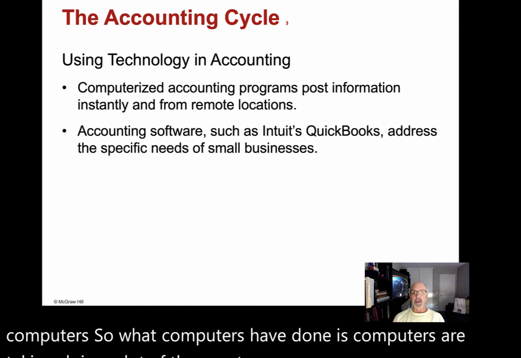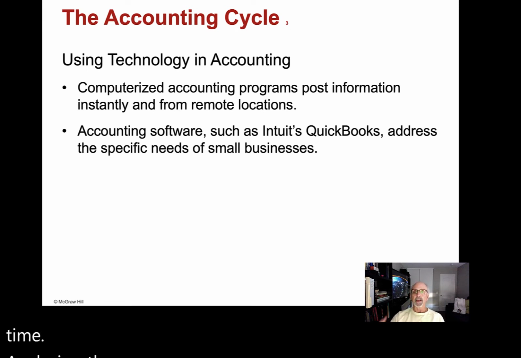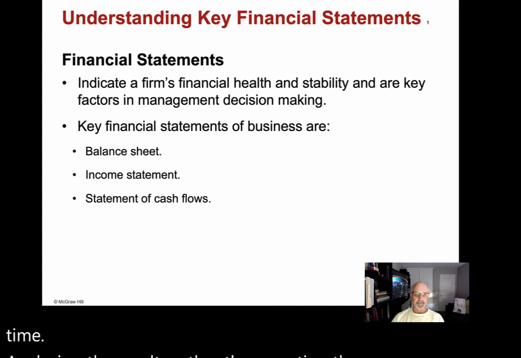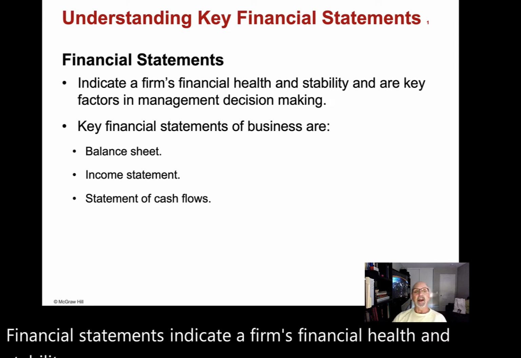The nitty-gritty accounting, so that accountants can spend more time analyzing the results rather than creating the reports. Financial statements indicate a firm's financial health and stability and are, as I've said, key factors in management decision-making.